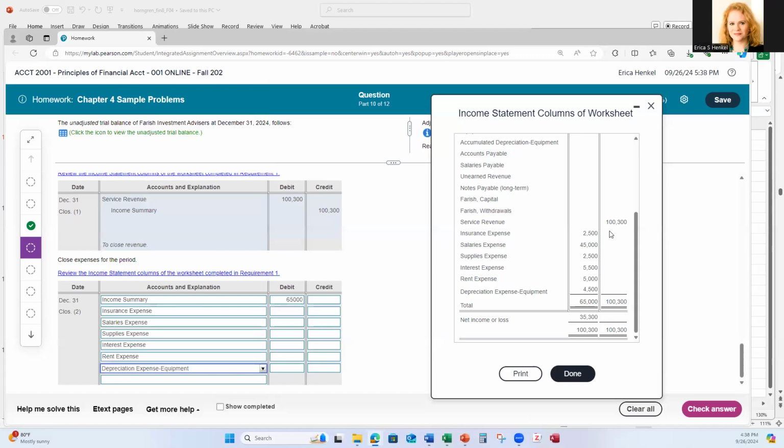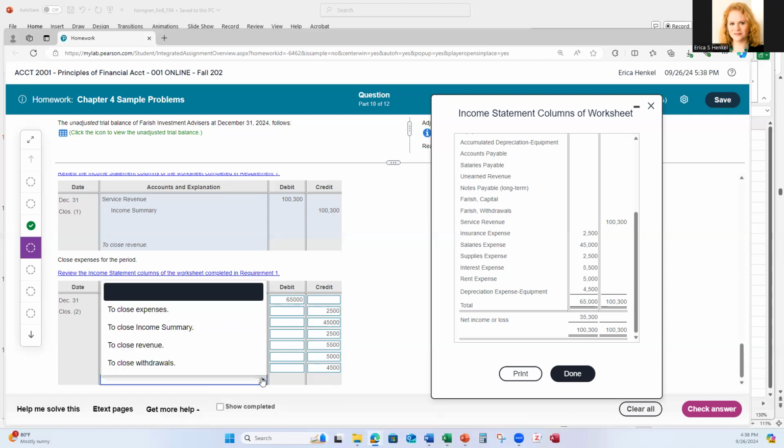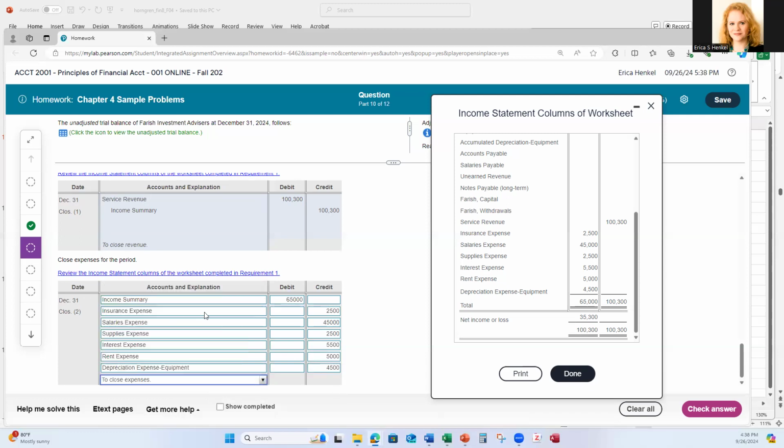And we're going to credit those for whatever balance we have sitting in here. And that entry is going to be to close our expenses.